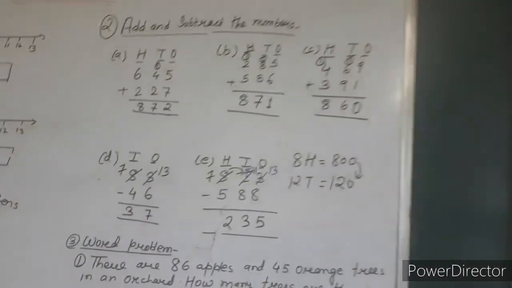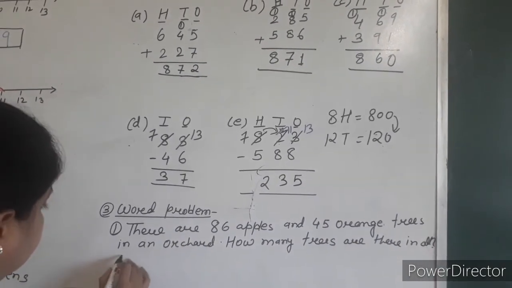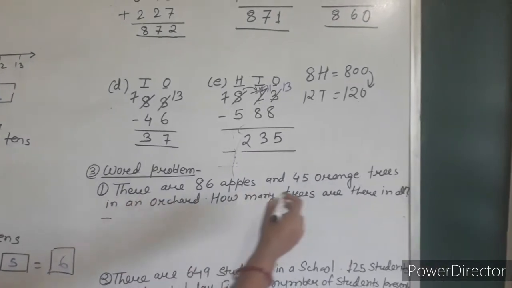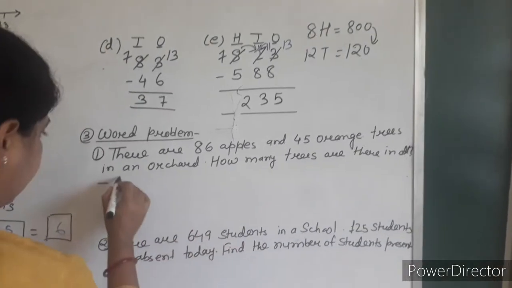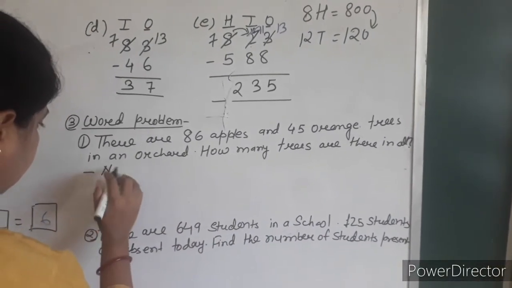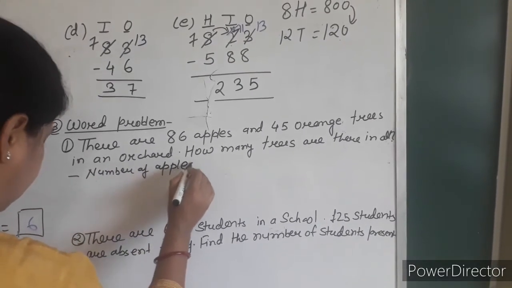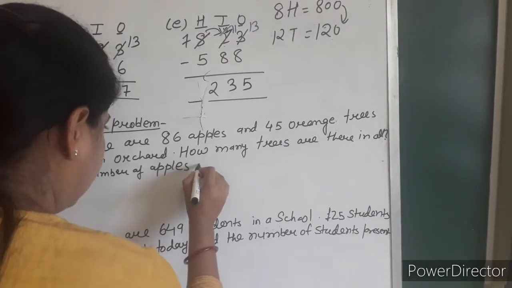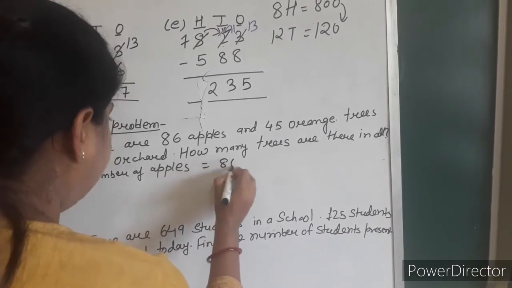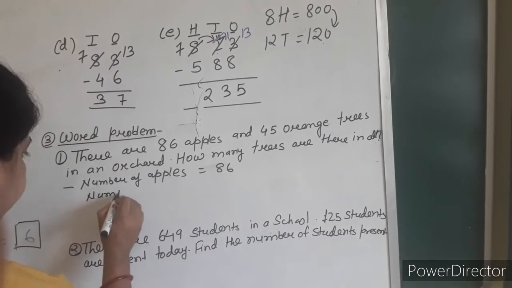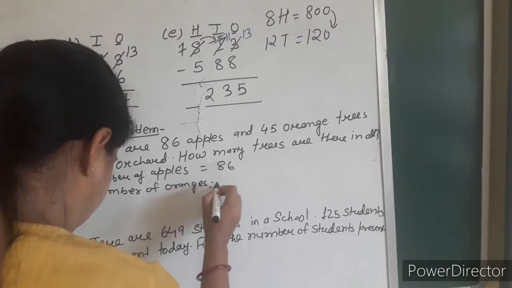Okay, then the next problem is: there are 86 apple and 45 orange trees in an orchard. How many trees are there in all? Here you can write number of apples. You can just write, no need to write the orchard, write the 86, and number of oranges equal to 45.